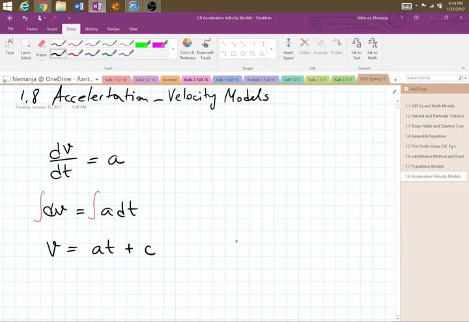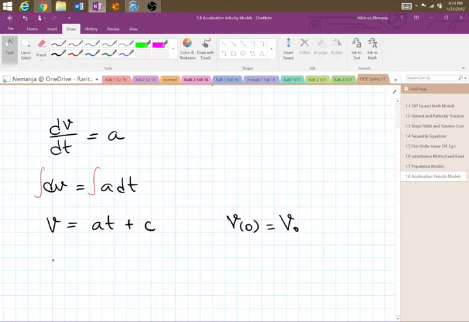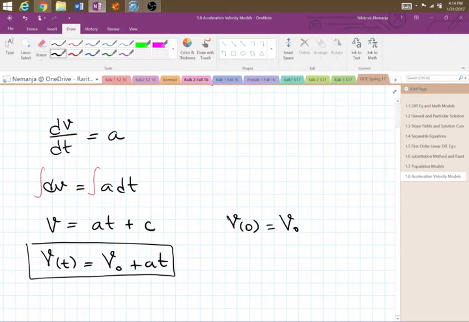Then we say that the initial condition, velocity at t equals 0, is equal to some initial velocity v0, and we write that velocity at any time t is v0 plus at, which is the formula that you memorize in physics.